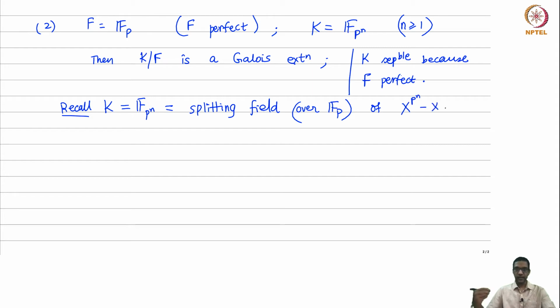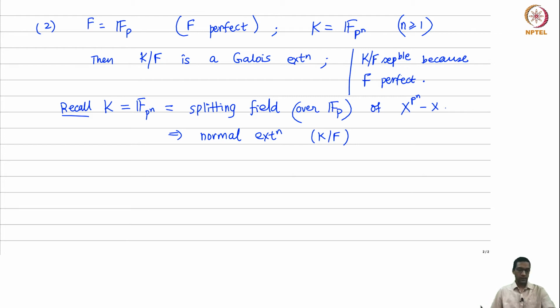That's exactly how finite fields were constructed, as splitting fields of this particular polynomial. So it is therefore a normal extension, K over F. And it is also a separable extension. So it has both properties, so it is Galois.